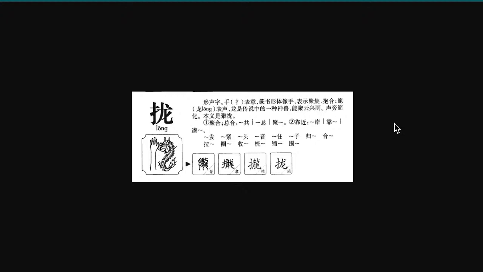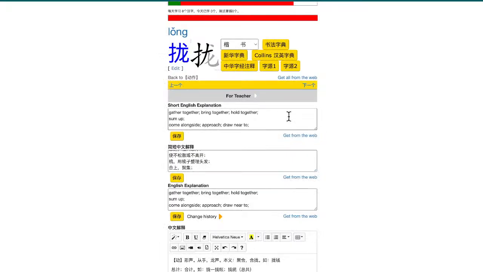It could gather the clouds and make it rain, and do all sorts of things. So why use the dragon over here? Because one of the main functions of the dragon is to gather the clouds together and make it rain. So this is 龙.